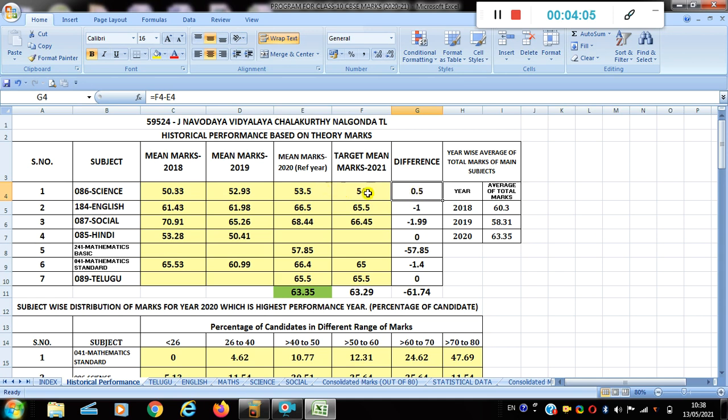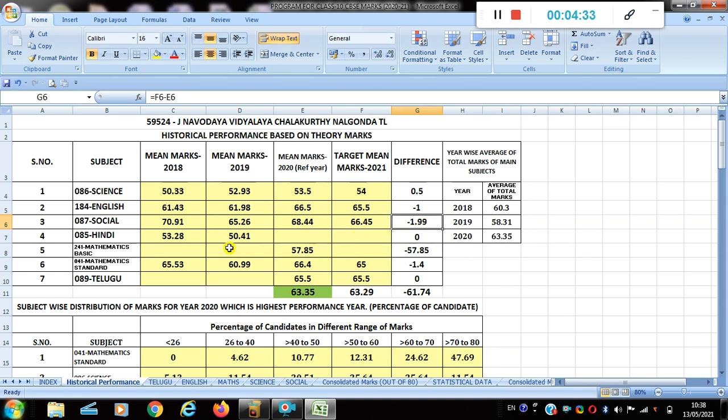The subject average is increased by 0.5, whereas for English it is 66.5. I made it 65.5, so the subject average is decreased by 1. Plus or minus 2 is acceptable. Similarly, social studies 68.44 is made 66.45, a difference of minus 1.9, around minus 2. Plus or minus 2, condition satisfied.